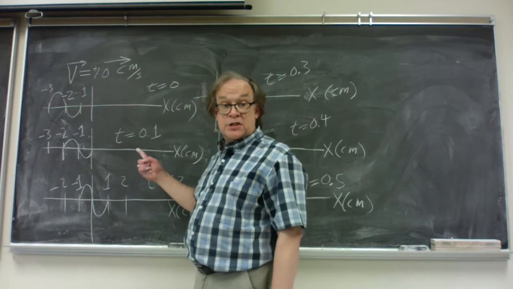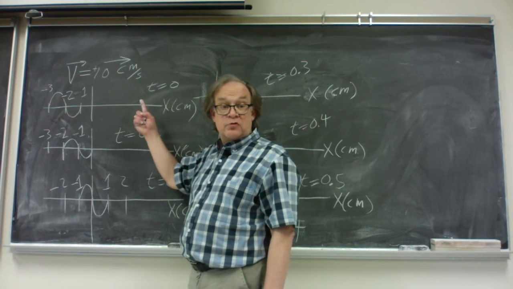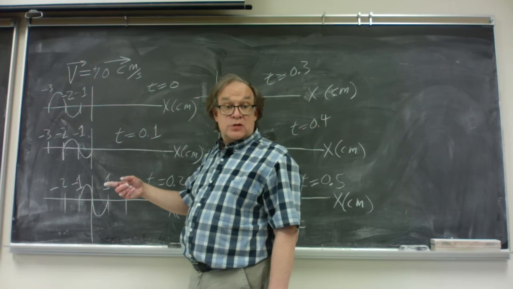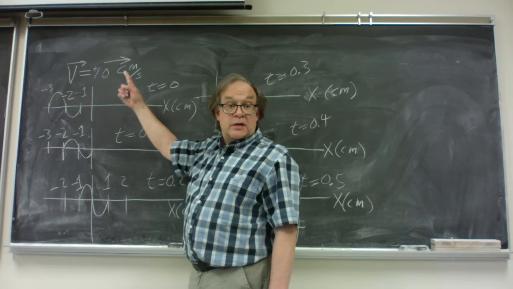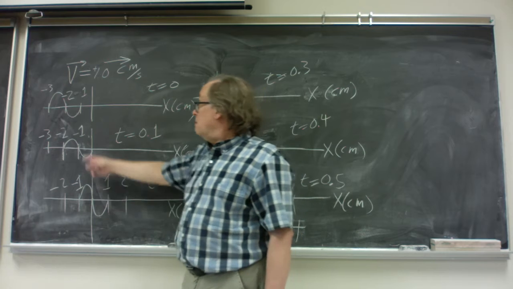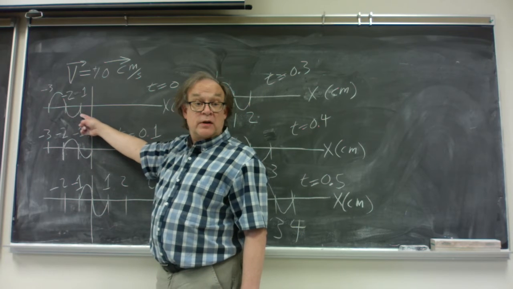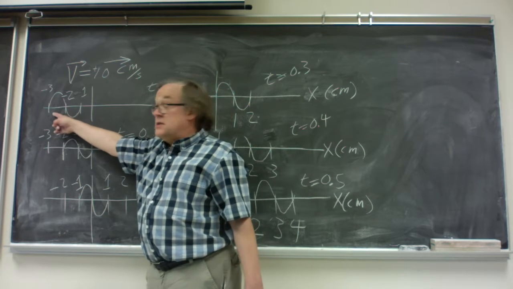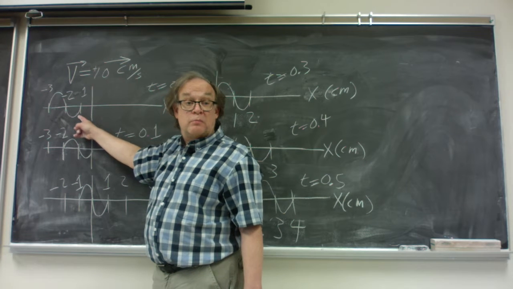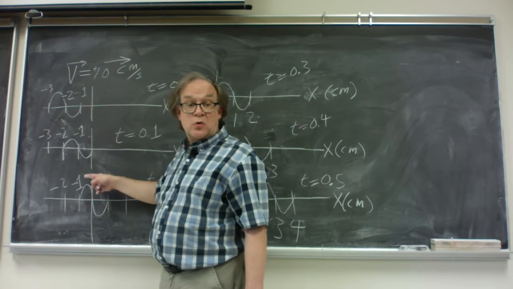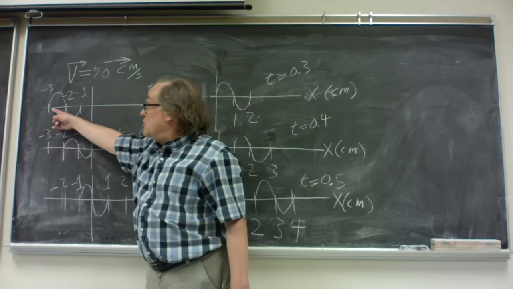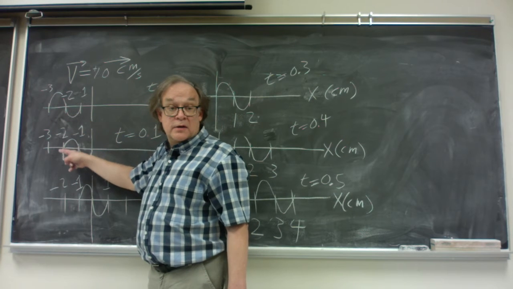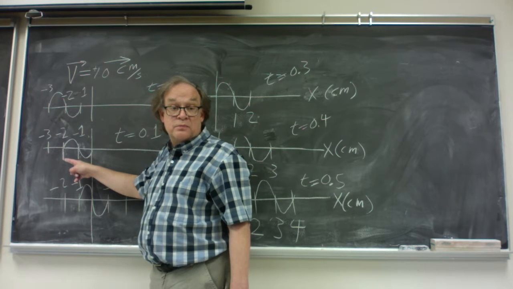So for example, here's a snapshot 1/10 of a second after this one. Everything has moved in the positive direction 1 centimeter. Since the pulse is moving left to right, this is the front edge, this is the back edge, and so the front has moved from -1 centimeter to 0, and the back edge has moved from -3 to -2.